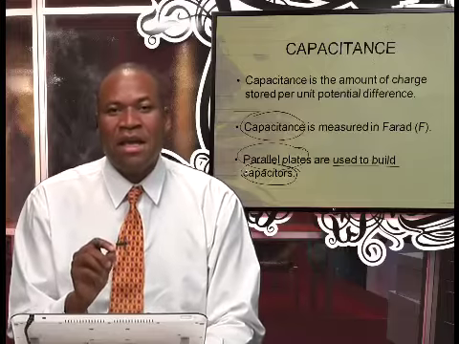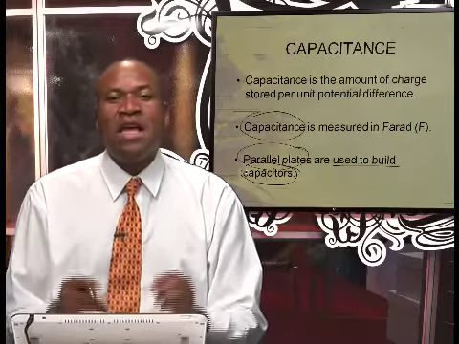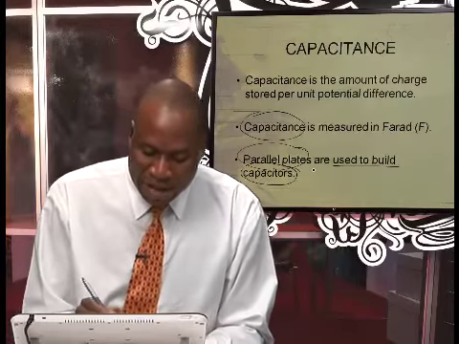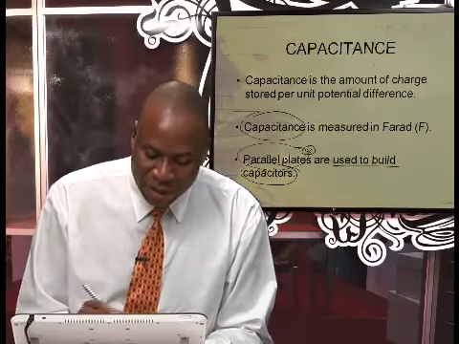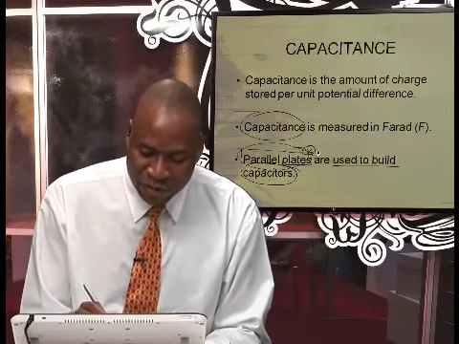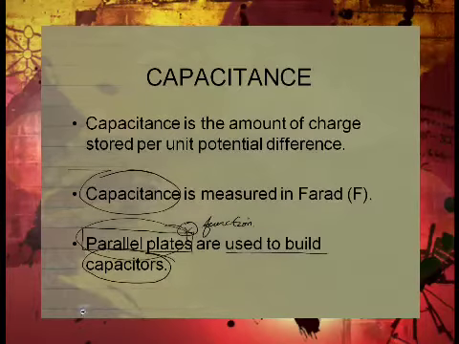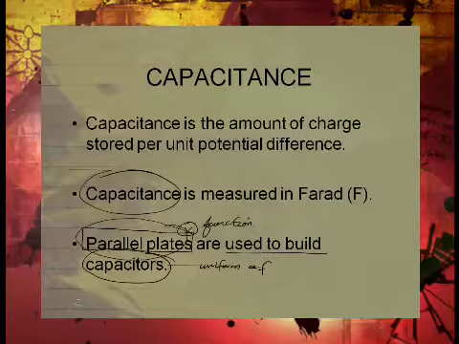Those are capacitors. They are different, big and small. They make use of parallel plates. Inside them, we've got parallel plates, and they make use of these parallel plates to function. There's something special about parallel plates. We know that between parallel plates, we've got what we call a uniform electric field.